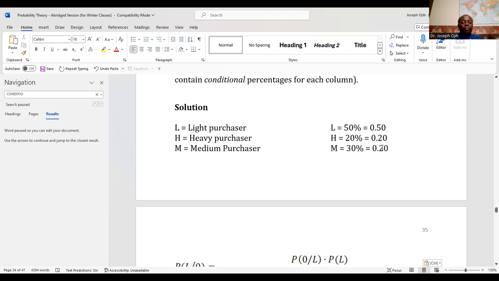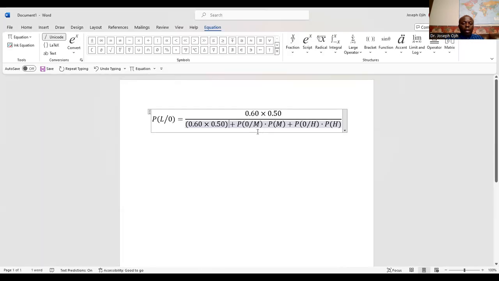So let's put it there. For this one we're going to have 0.15 times 0.20. We close the parenthesis.